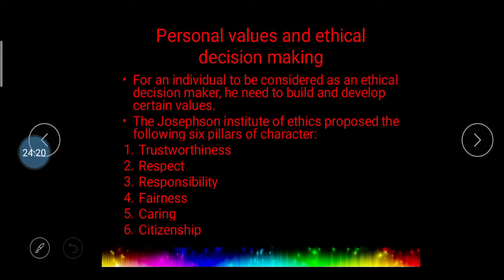Then the sixth and last pillar is citizenship, because we always feel proud that we are Indians, right? So as Indian people, we always try to care for our Indian public. So these are the main six pillars of this decision making process, right?